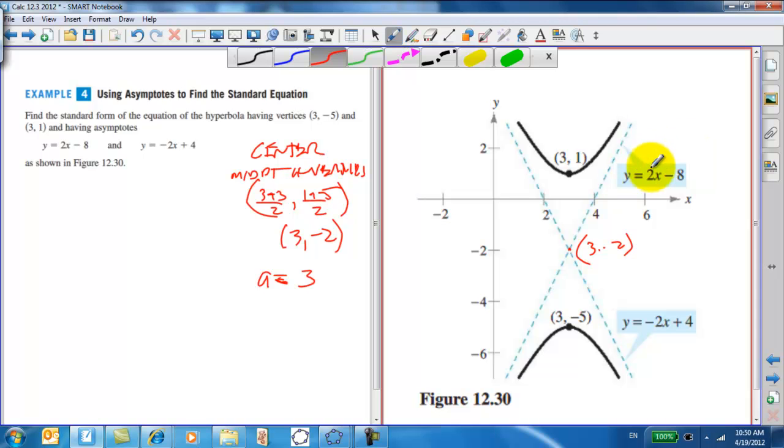How do you come up with b then? Well, the slopes of the asymptotes are plus or minus 2. Since it's rise over run, this is going to be a vertical form hyperbola.